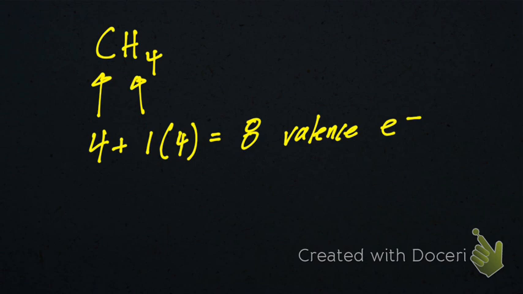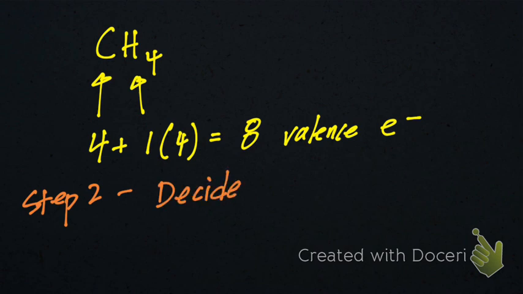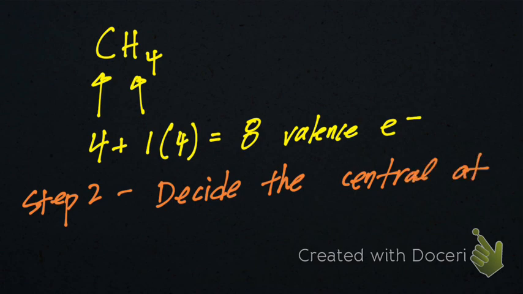Okay? So step 2 is pretty much to decide the central atom. And the central atom tends to be the atom that's by itself. First of all, there's only 1 carbon.